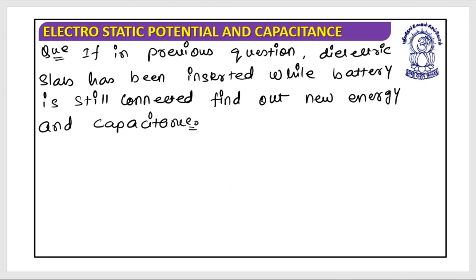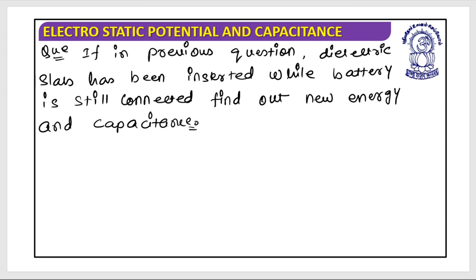If in the previous question the dielectric slab has been inserted while the battery is still connected, we need to find out the new energy and the capacitance. So what can I do?